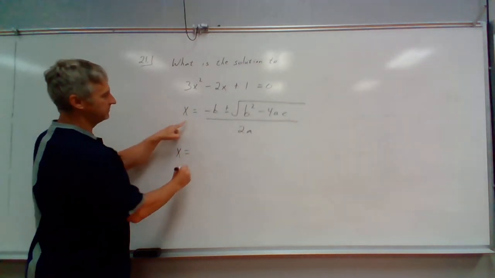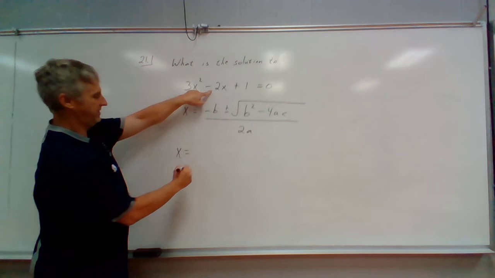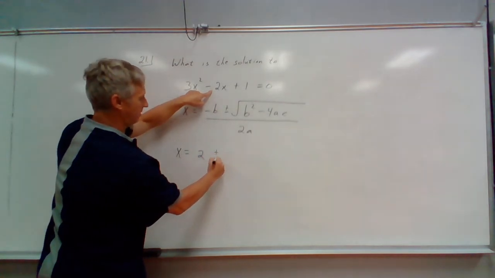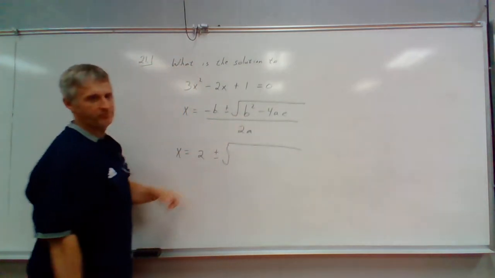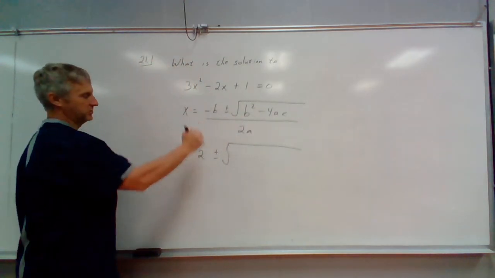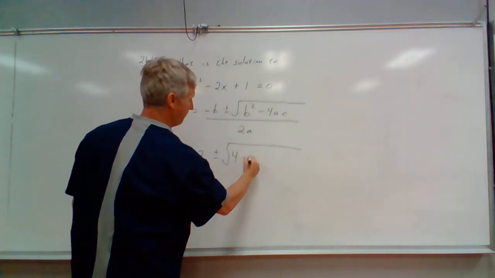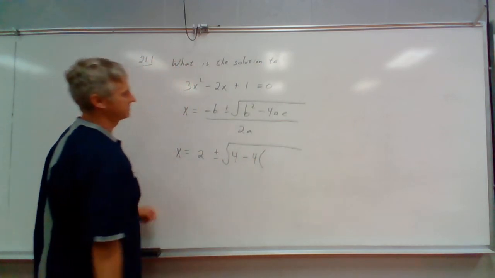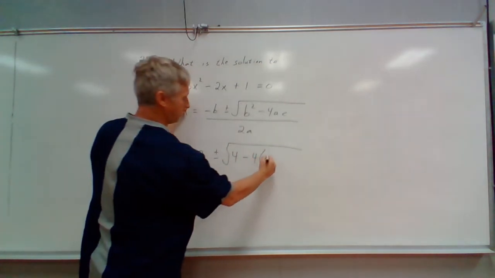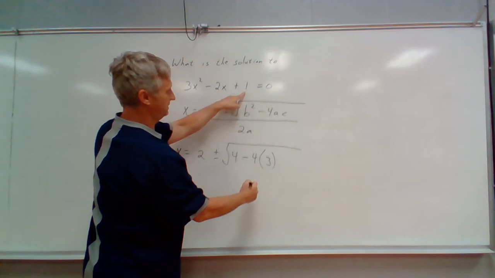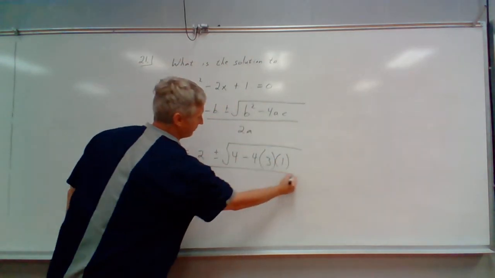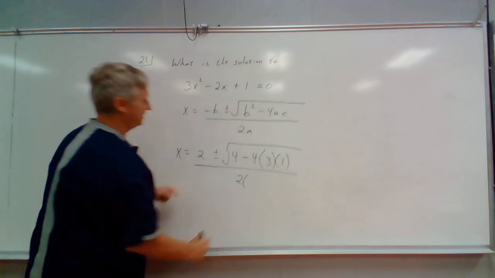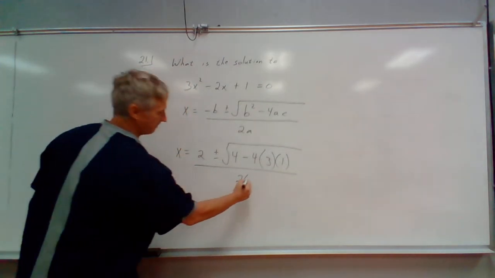So we have x equals the opposite of b, so that would be 2, plus or minus the square root of b squared, so negative 2 squared is 4, minus 4 times a, which is 3, and c is 1, all over 2 times a, which is 3.